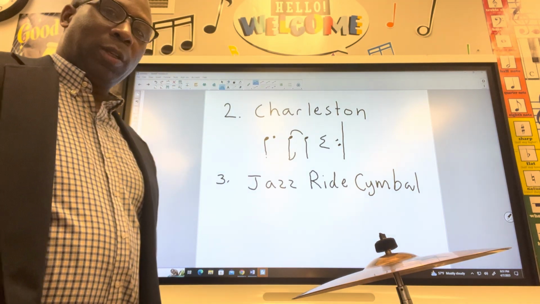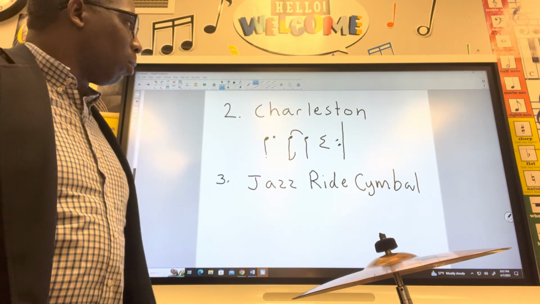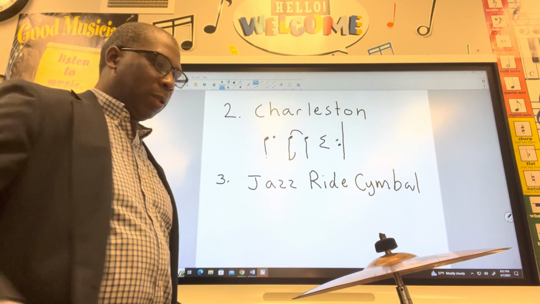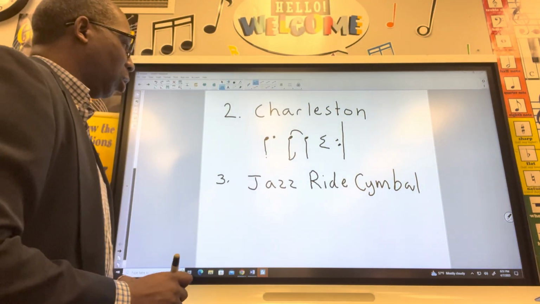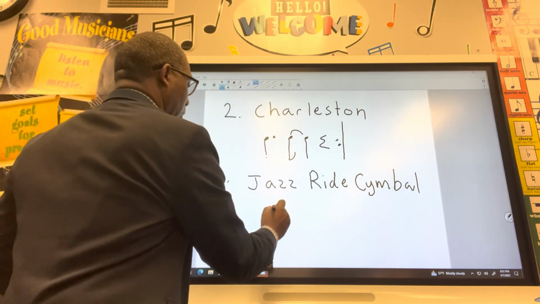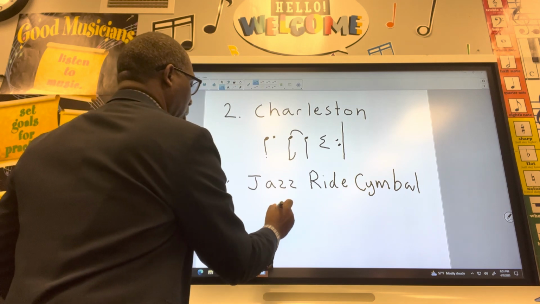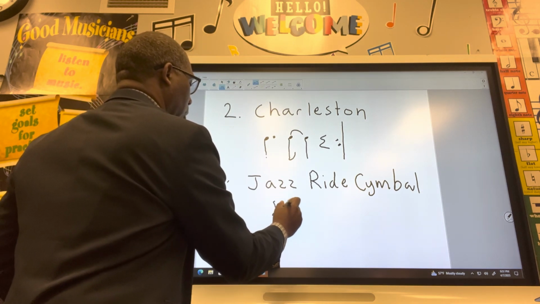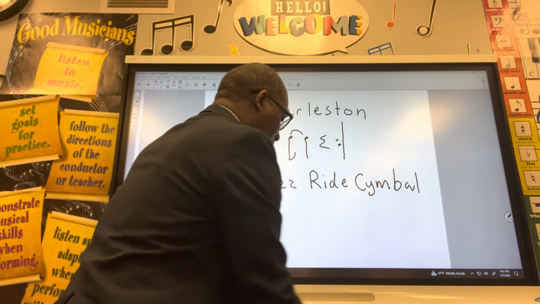Now, I do believe it's time for us to write that pattern on the board. And I'm going to move this cymbal for a moment, get it out of our way. And here is the jazz ride cymbal pattern. It's going to be a quarter note first. I'm having problems with my marker here.